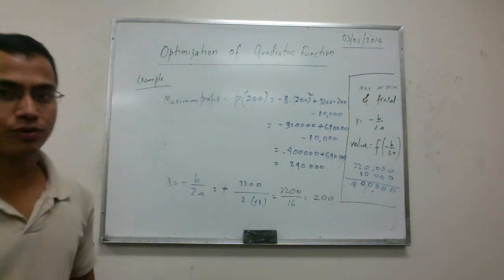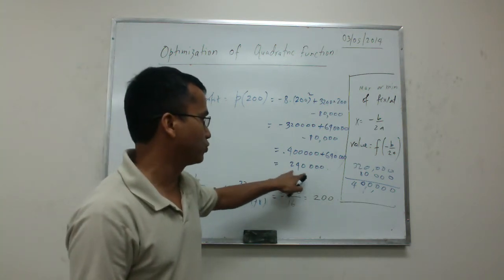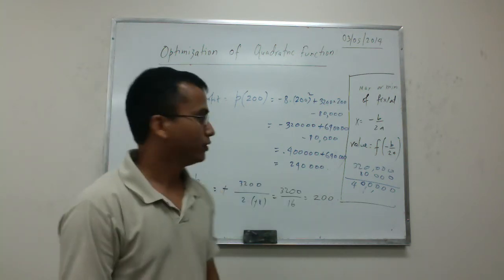So the company would have maximum profit at x equal to 200, and the maximum profit is 240,000.